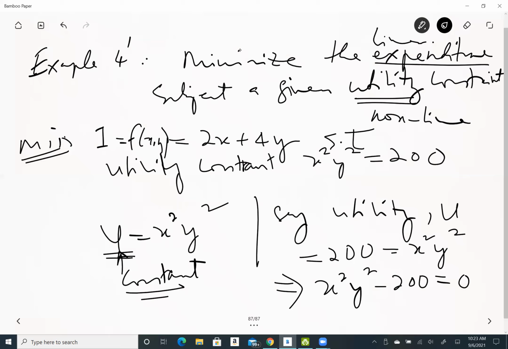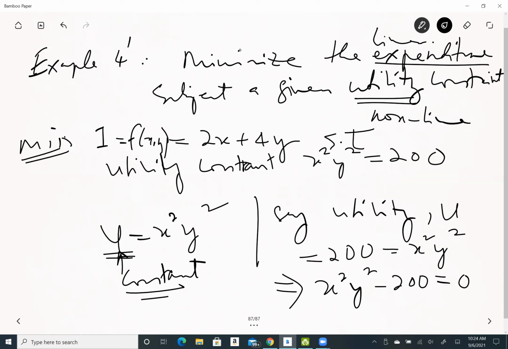You write the Lagrangian, the same method, the same way as what we did earlier. Your Lagrangian is equal to the objective plus lambda multiplied by the constraint. So now you just put in the respective functions.